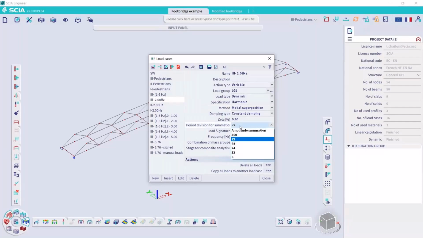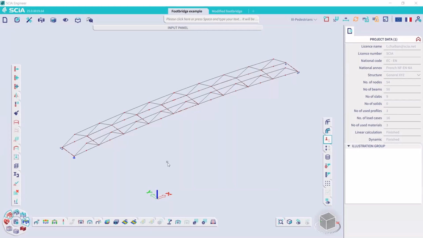We have chosen a number of subdivisions of 72, and the frequency is 2.08. For now, we don't do any load signature in this case. And of course, the mass combination used is CM2, which takes into account the self-weight and also the effect of the presence of pedestrians.